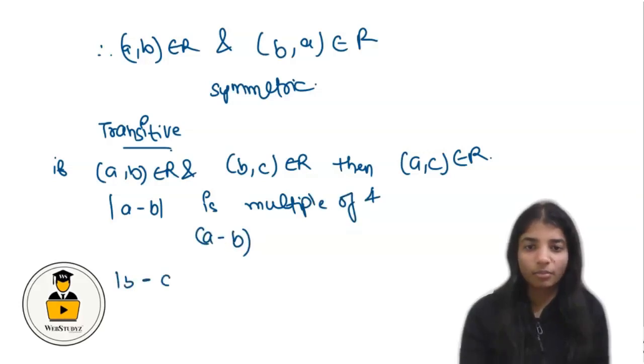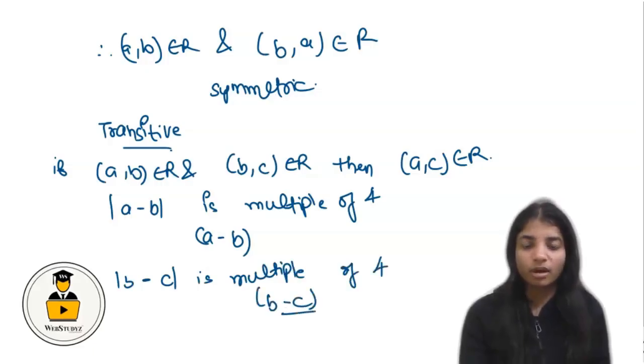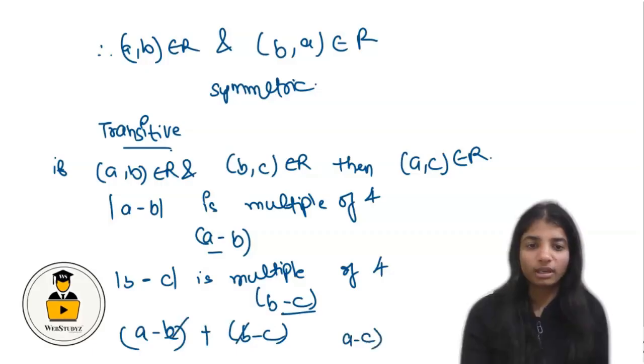In the same way, if mod of b minus c is a multiple of 4, then b minus c is also a multiple of 4. We know that the sum of multiples of 4 is also a multiple of 4. So the sum of a minus b and b minus c is also a multiple of 4. The b's cancel, and we are only left with a minus c.